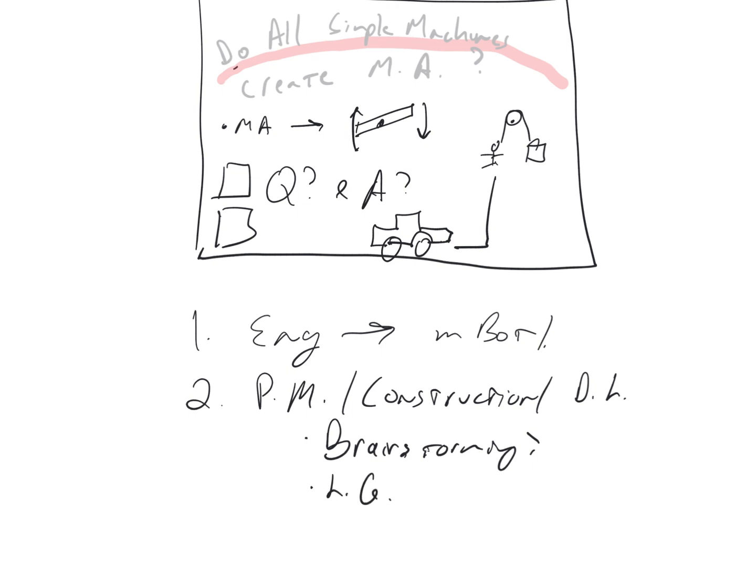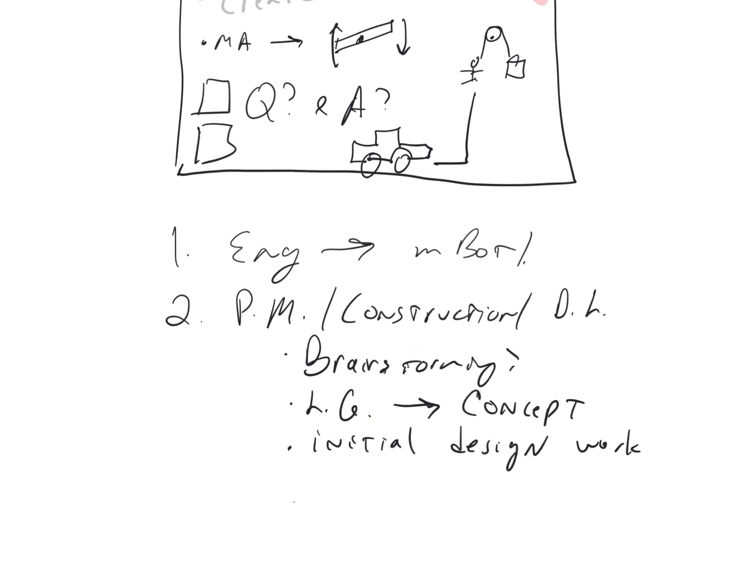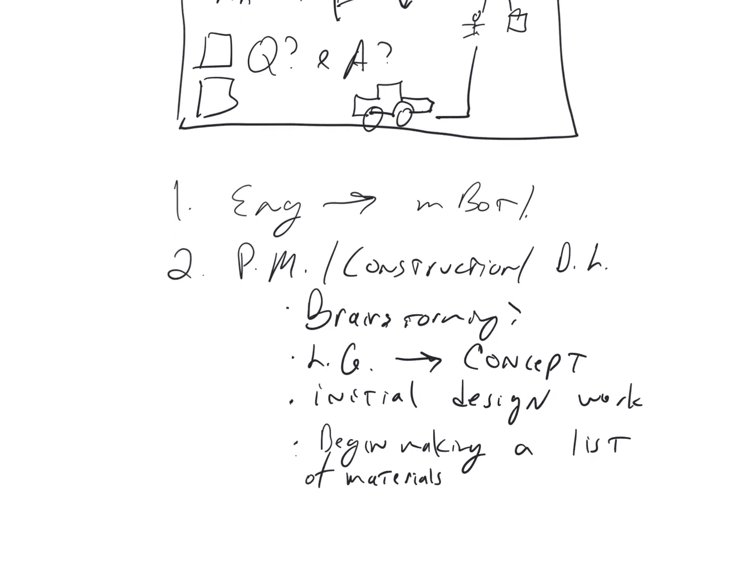Review the learning goals in order to help start selecting a concept. And then do some initial design work. And then finally, what I'd recommend is begin making a list of materials that you might need. So we still have it in our budget to go get some more stuff.